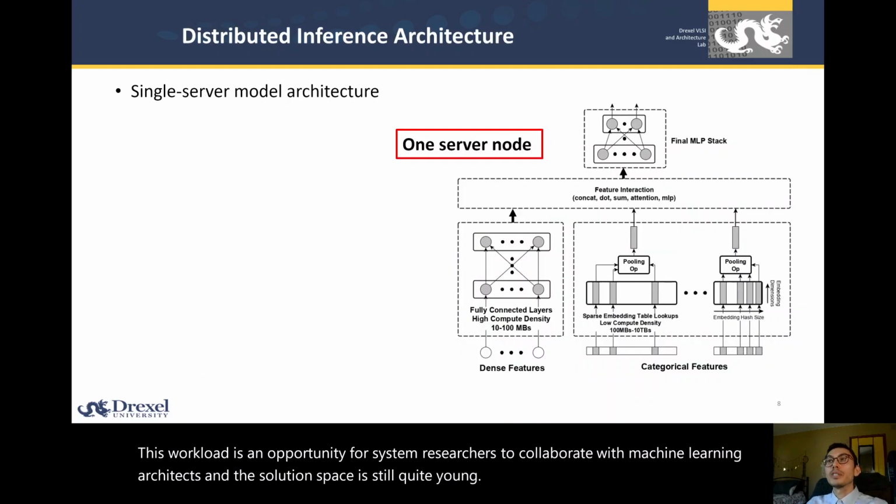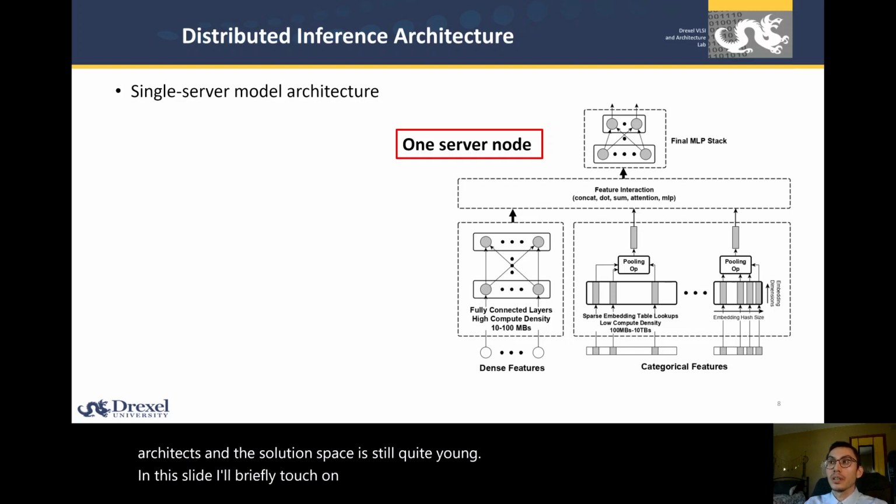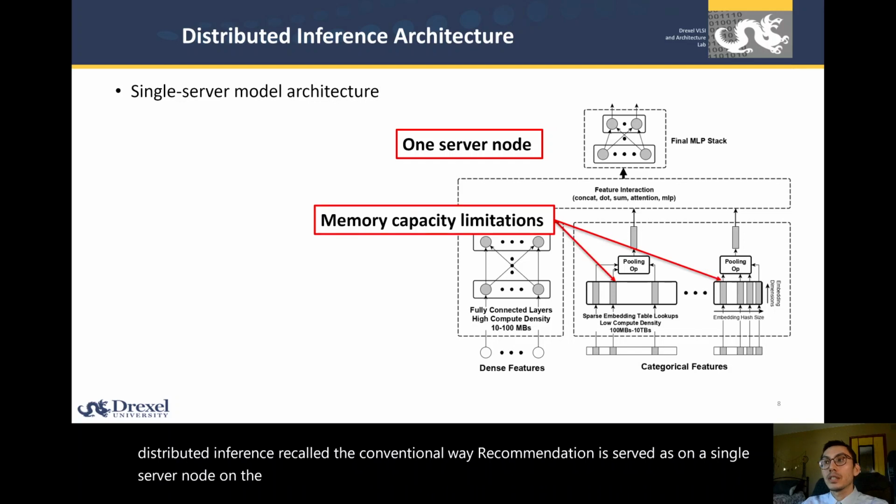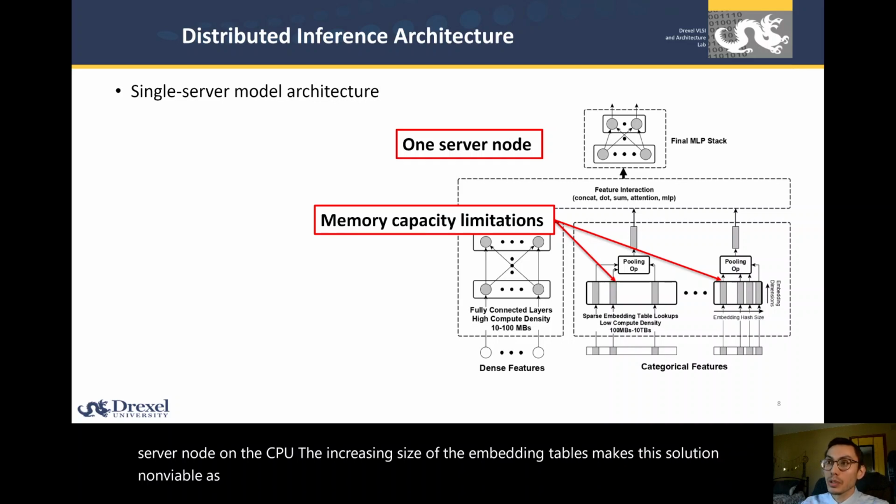In this slide, I'll briefly touch on the changes we made to the model architecture to enable distributed inference. Recall the conventional way recommendation is served is on a single server node on the CPU. The increasing size of the embedding tables makes this solution non-viable as the models grow and grow and grow.